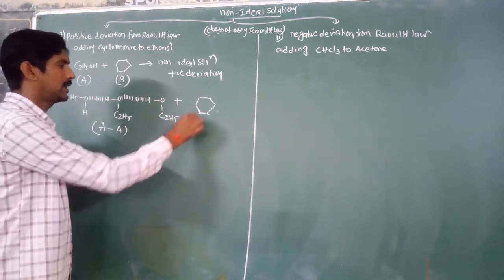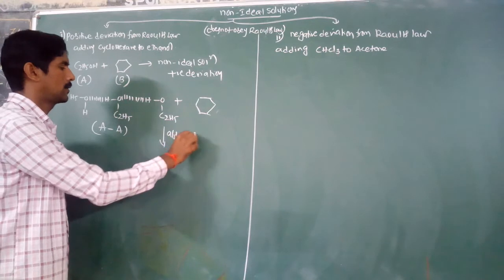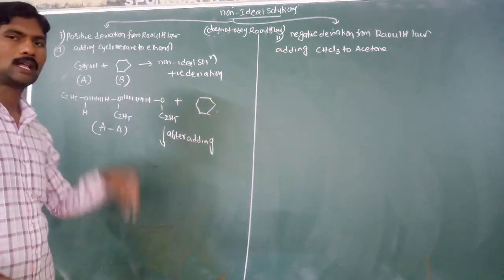After adding cyclohexane to ethanol, what happens?